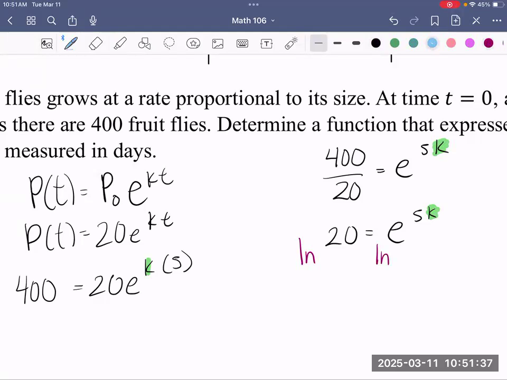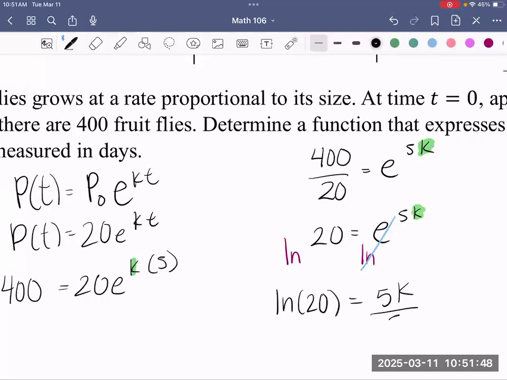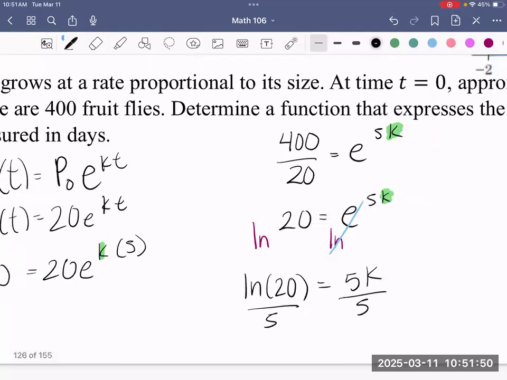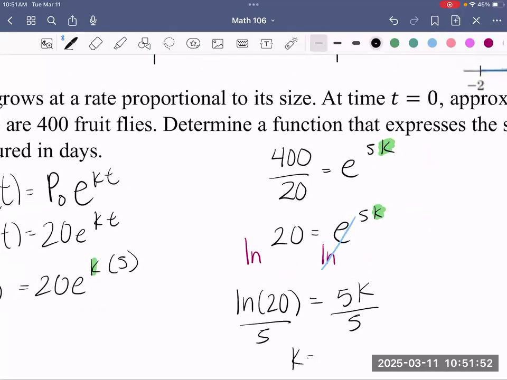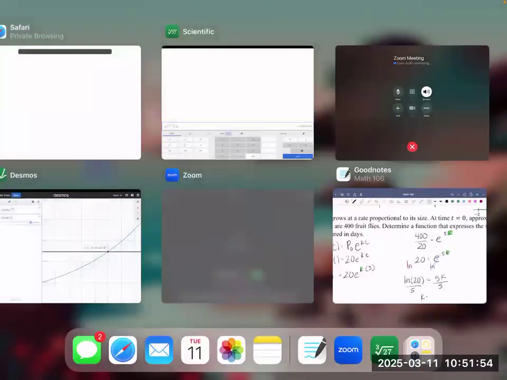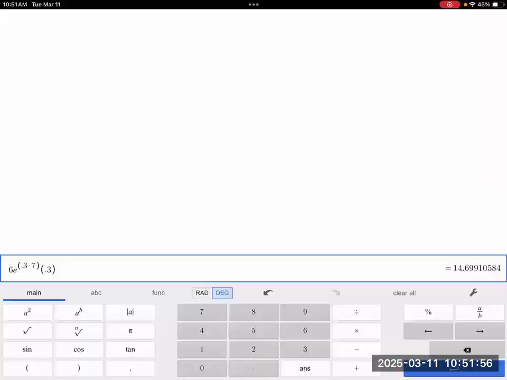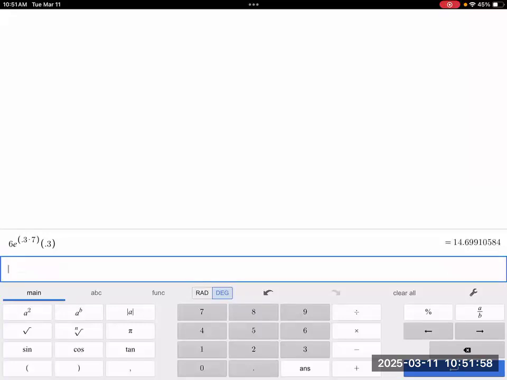That'll allow us to cancel the e, right? The same base is needed. So we have ln of 20 is equal to 5k. Divide both by 5. And then we need to figure out, hey, what is k equal to? So let's go ahead and put that into your calculators.